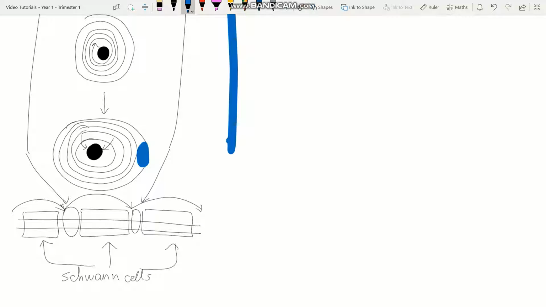Faster propagation basically means that the nerve impulse is able to pass in a faster manner over the nerve axon.